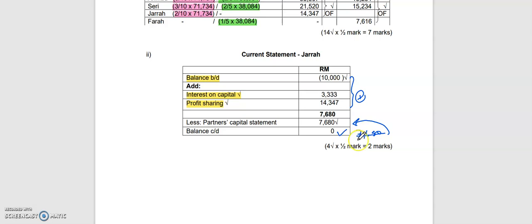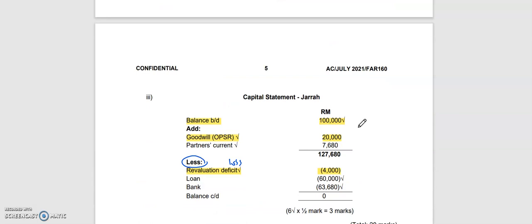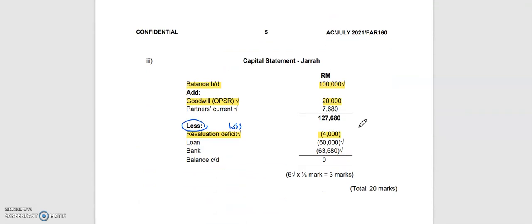So you will have zero balance. So now let us go to the capital statement of Jarrah. We can complete her account now. So here we are. We already add the balance from partner's current. So you will minus whatever transaction belong to Jarrah.